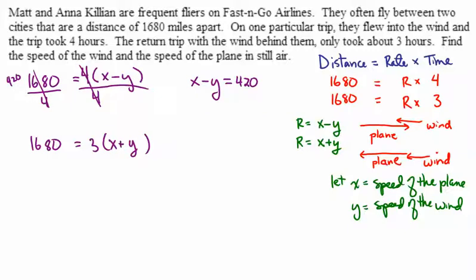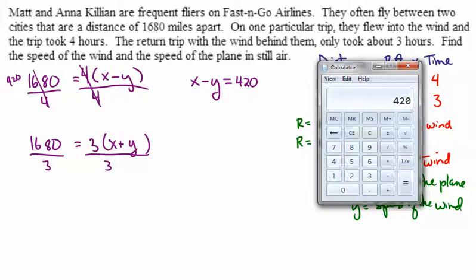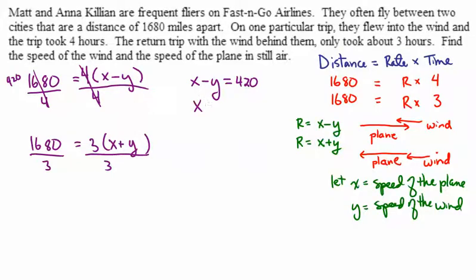So for my second equation, I'm going to divide both sides by 3, bringing in my calculator, 1680 divided by 3, and that gives me 560. So my second equation, x plus y, is equal to 560.